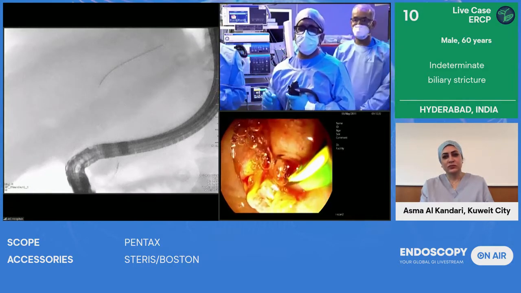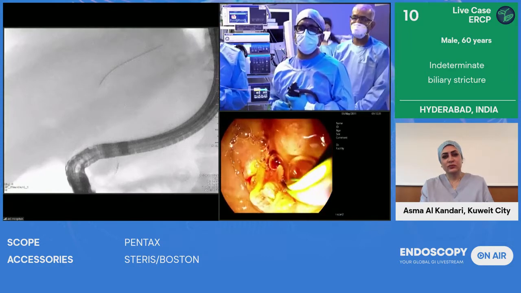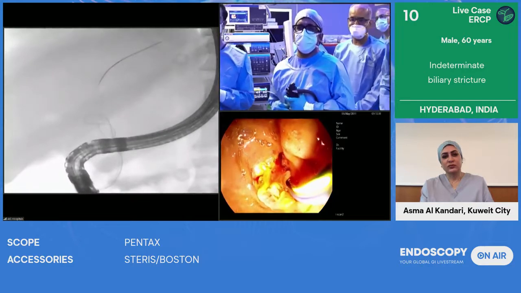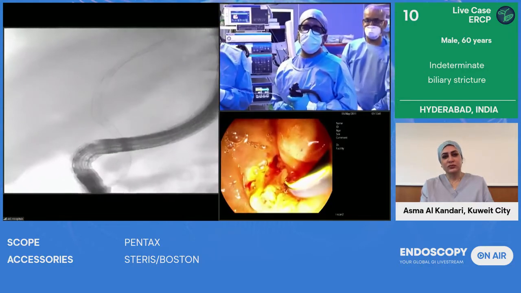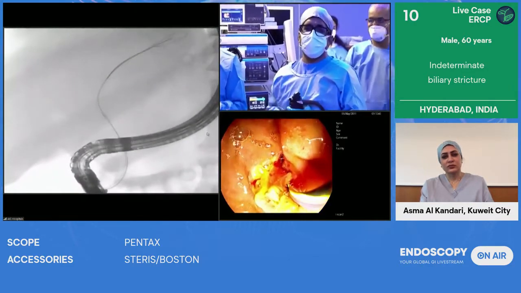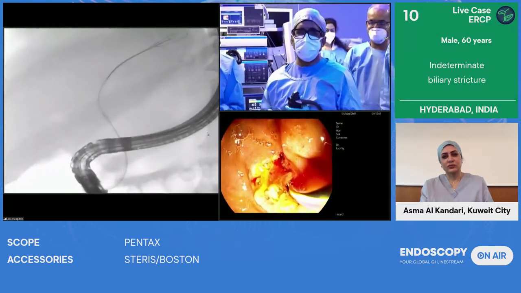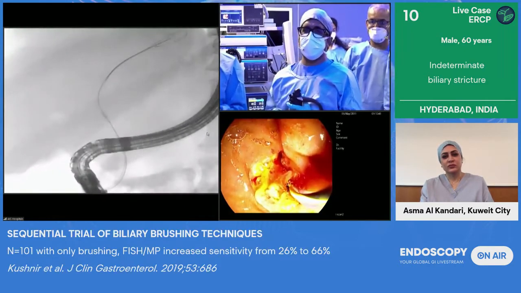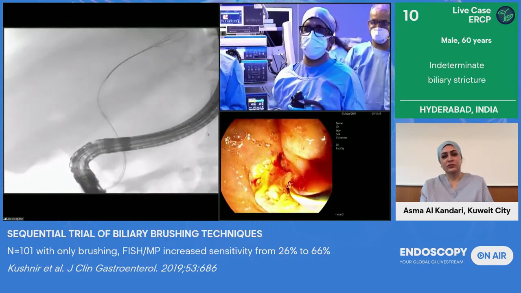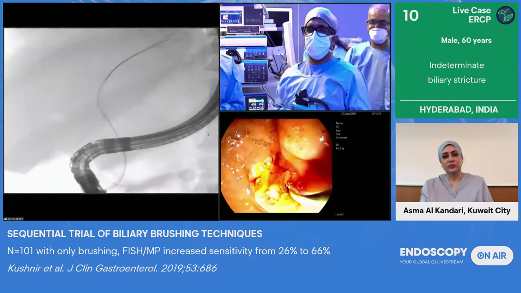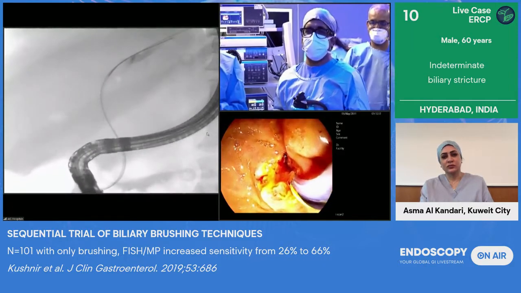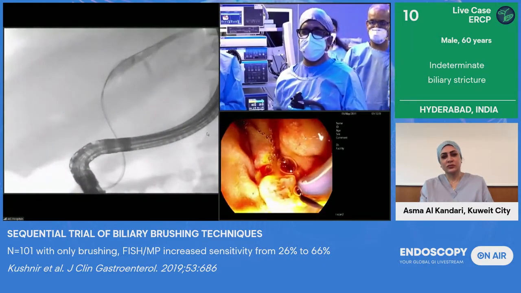That is, you do ERCP, you do fluoroscopy, and then you take conventional brush cytology or brush biopsy from the biliary tract, and if it is negative the first time, it is known as indeterminate biliary stricture.